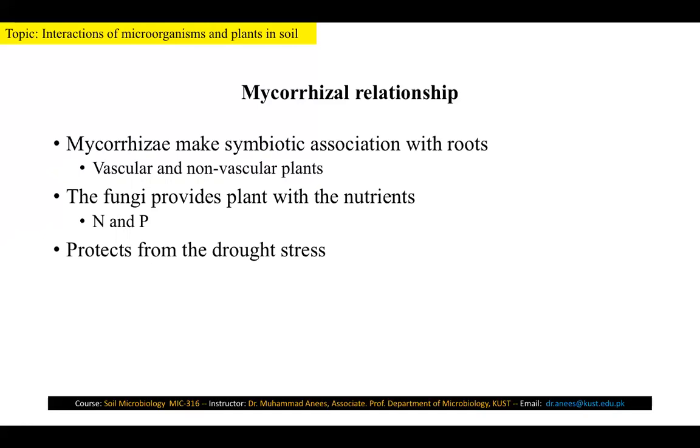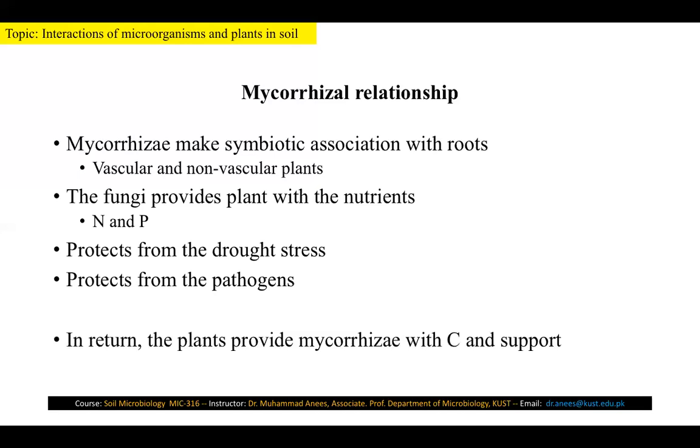Not only water, but also it can provide more nutrients, and the plant will be more healthy. It can be able to bear up with the drought. And it has also been reported that it can also protect plants from different attacks of the pathogens.